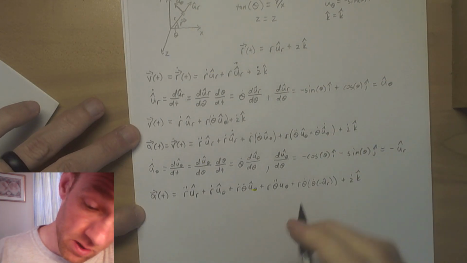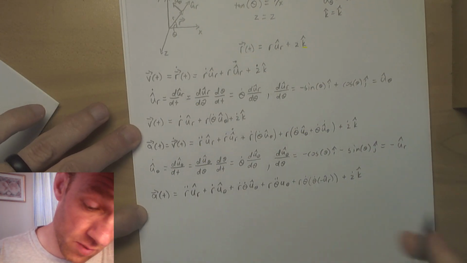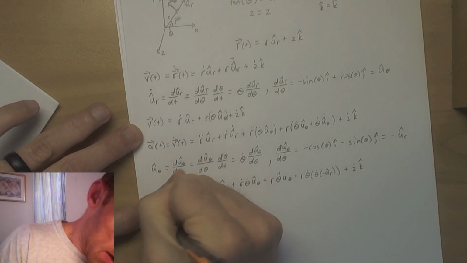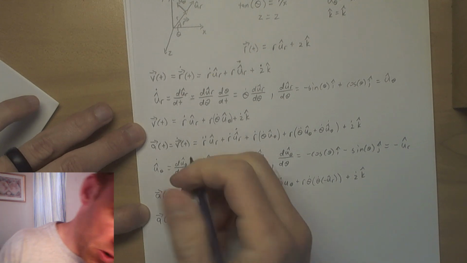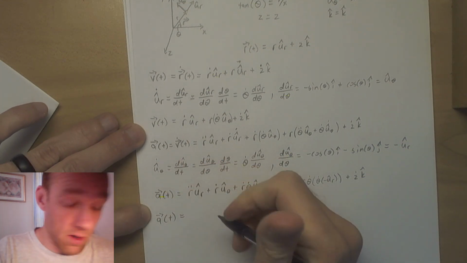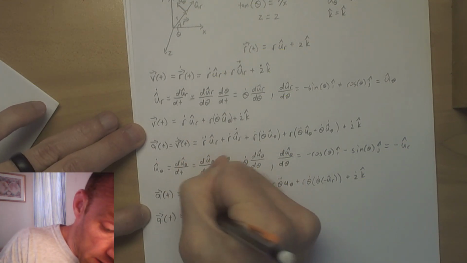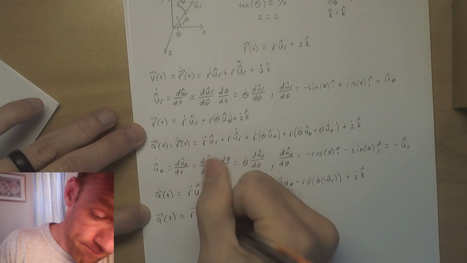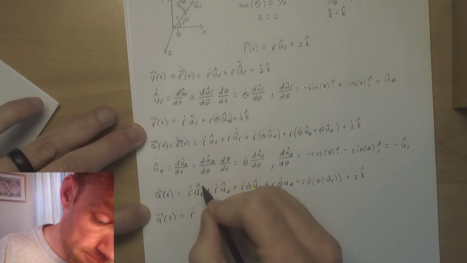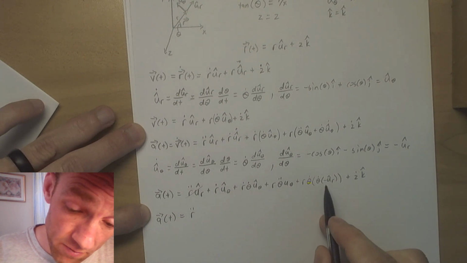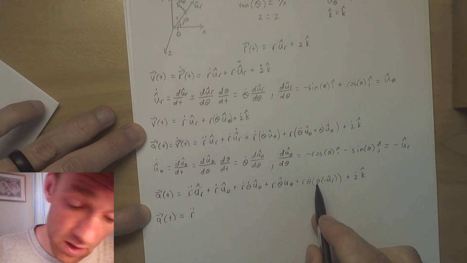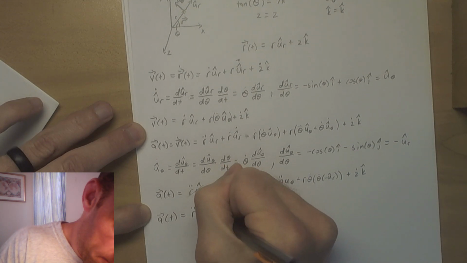All right, so let's group them all up into u sub r's and u sub thetas. So collecting terms here, the u sub r terms, we got r double dot, and then we have a negative r theta dot squared.